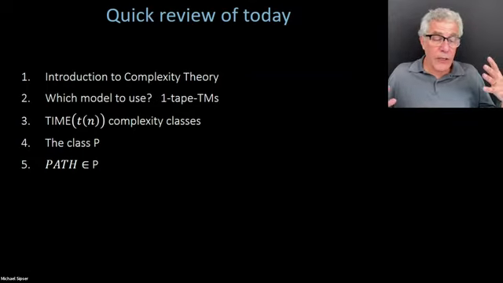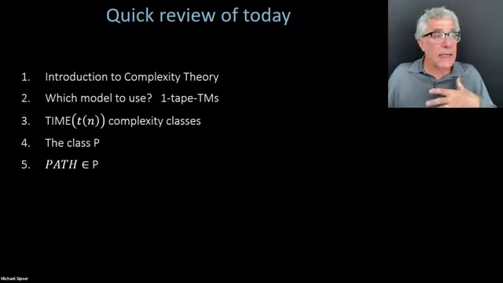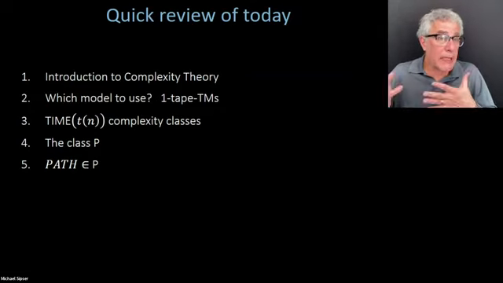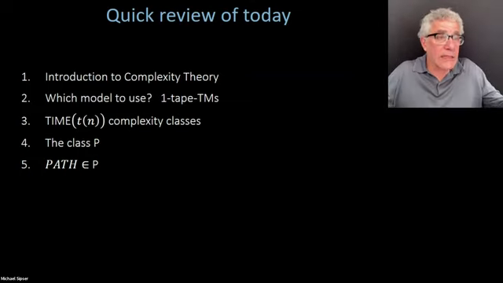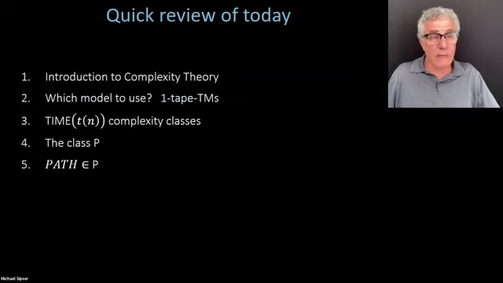So a model that operates like that is not going to be able to convert to a one-tape Turing machine with only a polynomial increase, because it's potentially doing an exponential amount of work within a polynomial number of steps, within n steps. So that's an example of an unreasonable deterministic model.